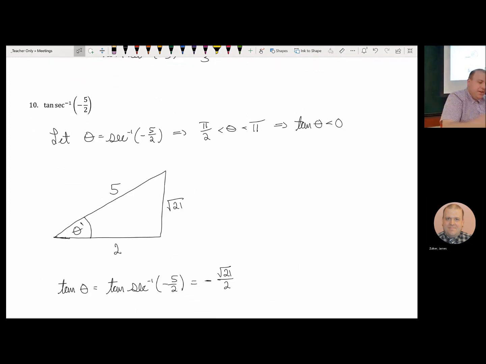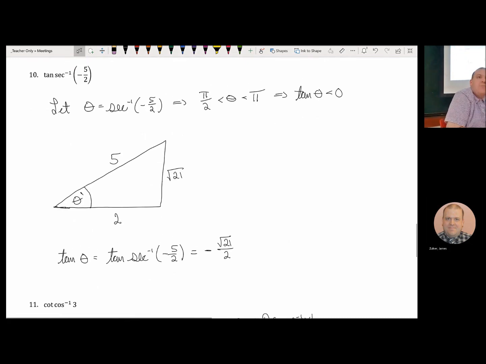Say we're solving something and we get tangent of the inverse secant of -5/2. That form is unacceptable because that can be simplified down to negative root 21 over 2.